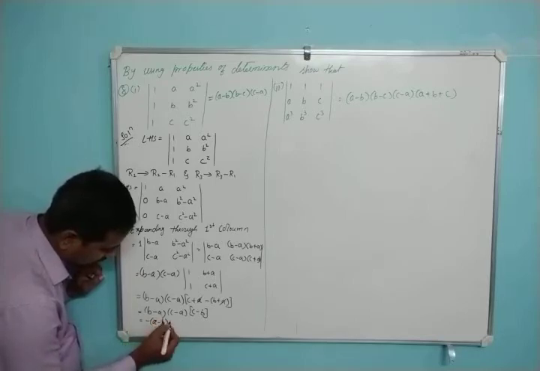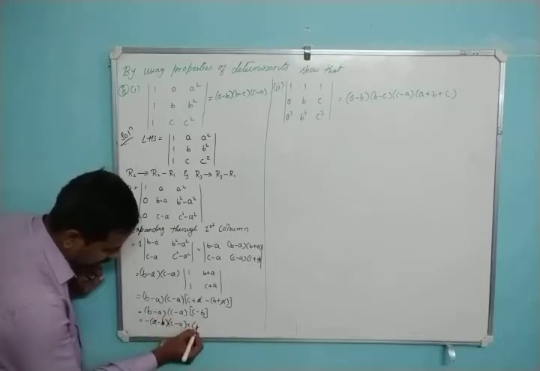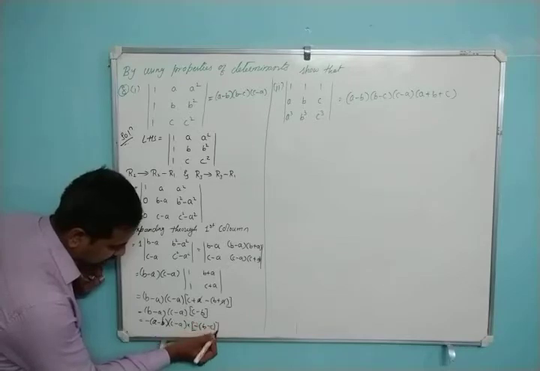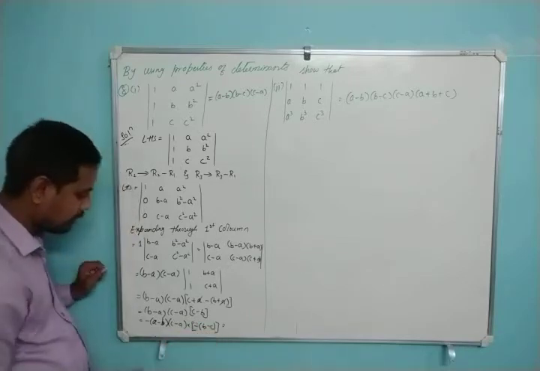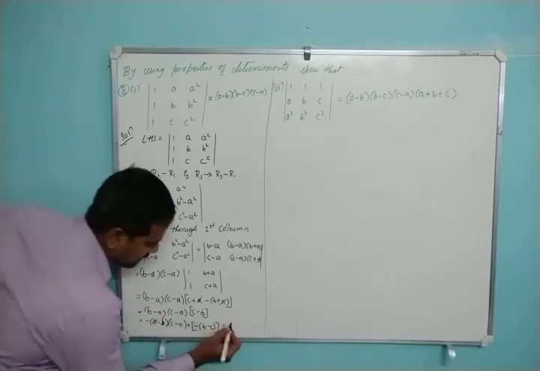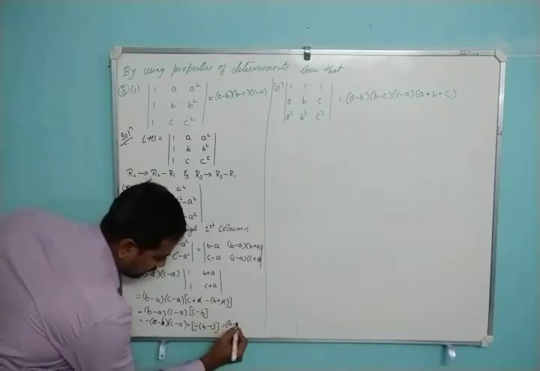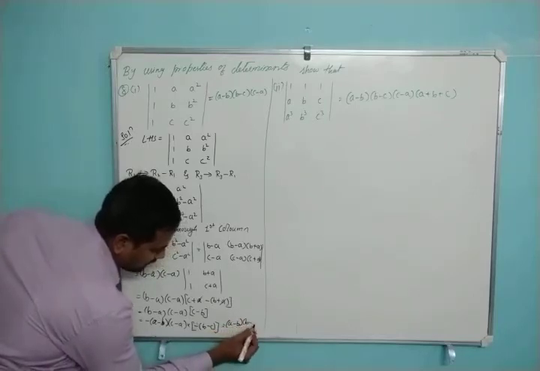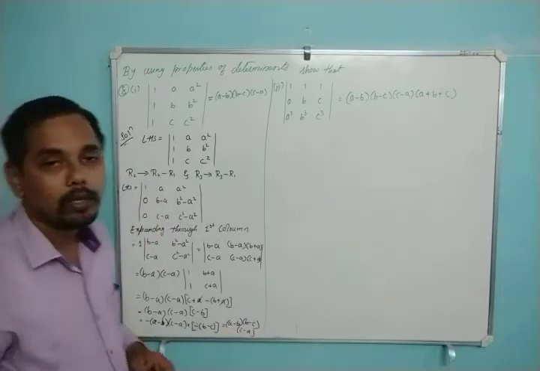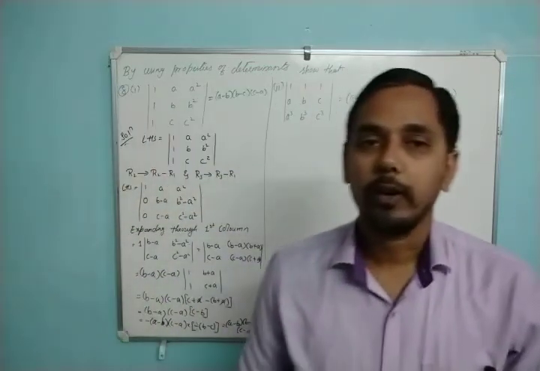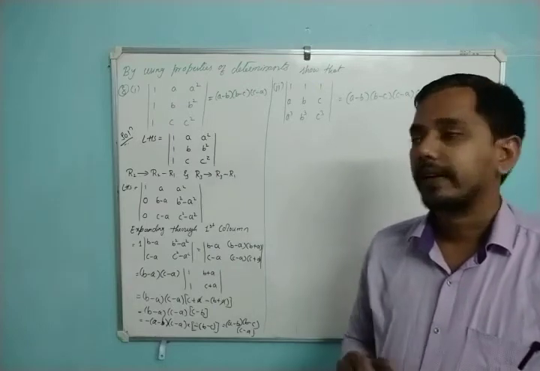So a minus b into c minus a into minus of b minus c. So now minus and minus becomes plus. So what remains? a minus b, b minus c into c minus a. This is how you need to prove it. I hope you have understood this one, right?